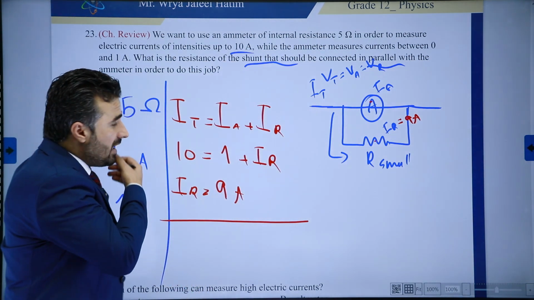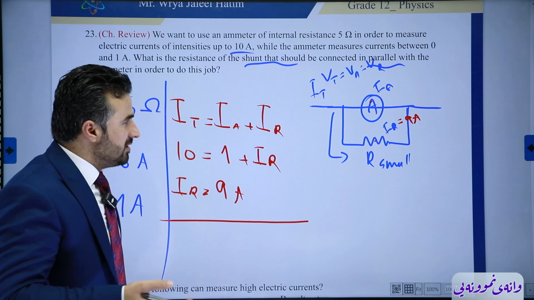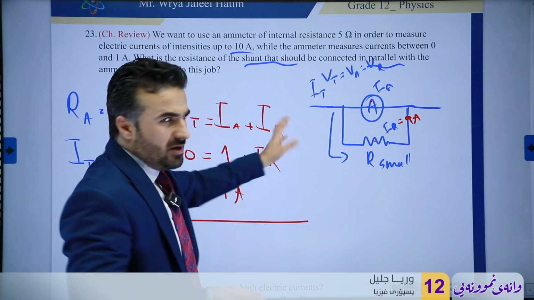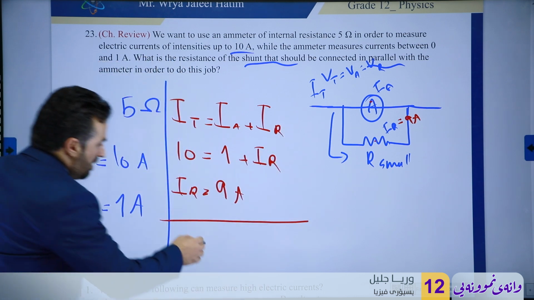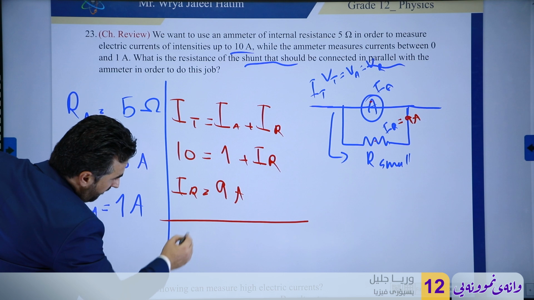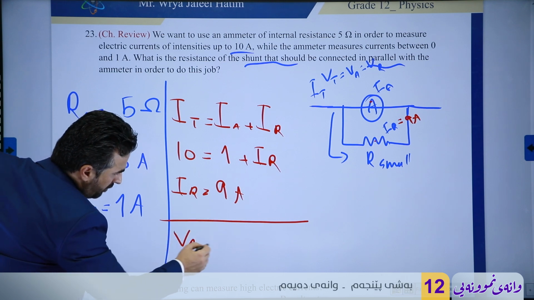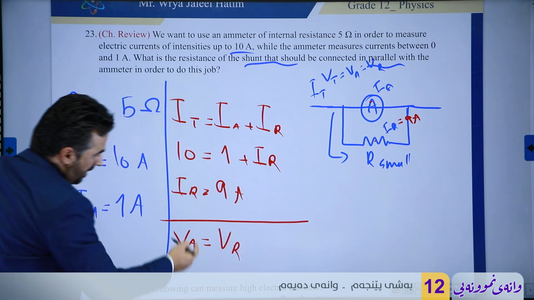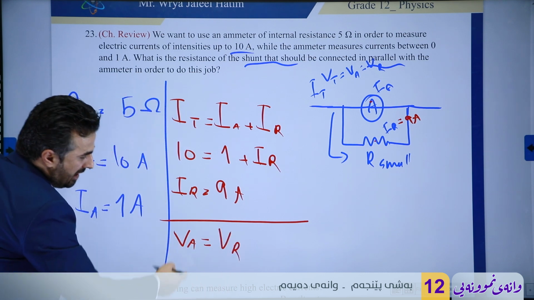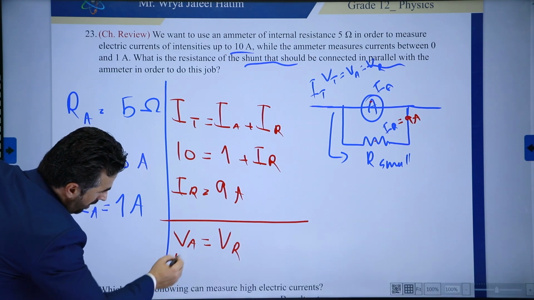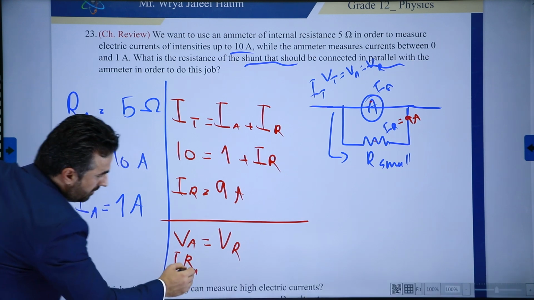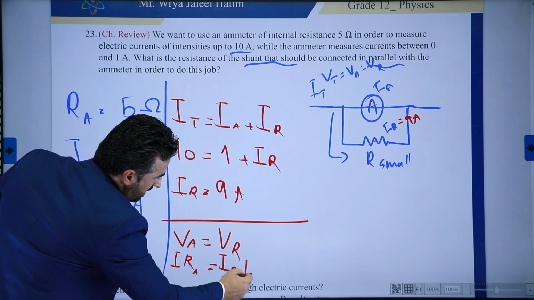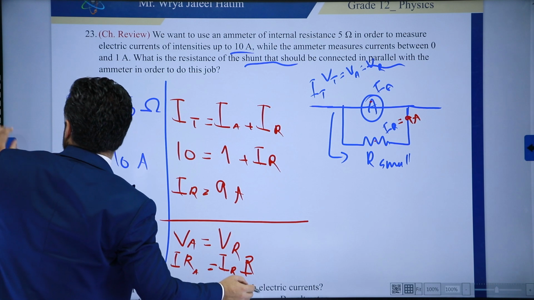In this case, we can say V on the ammeter is the same as the voltage on the resistor as well. But we do know that V on the ammeter, using Ohm's law, equals I times the resistance of the ammeter, which equals I times R, the resistance of the resistor.